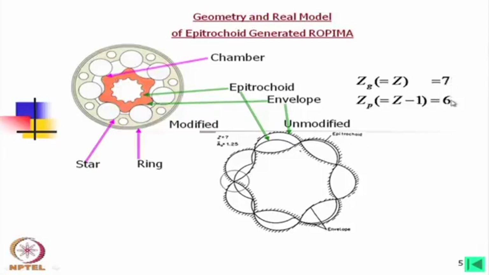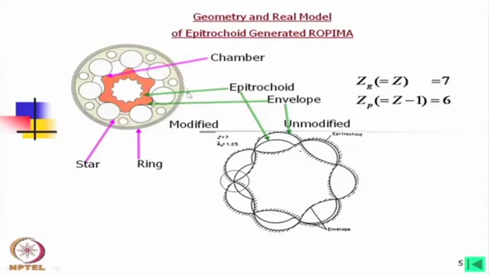Now, these two numbers should always be consecutive numbers. If this is 7, then 8, but making this 8 and this 7 means the number of chambers will be 8. So, an even number is not beneficial. So, always you will find that the ring gear lobe number is 7, 9 or 5, something like this, whereas the inner is an even number, one less than the outer member number.